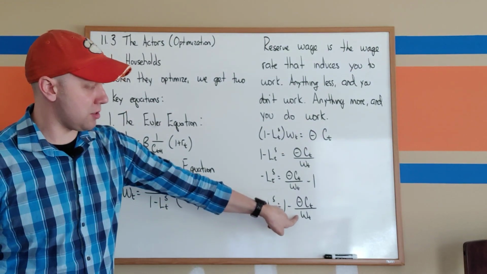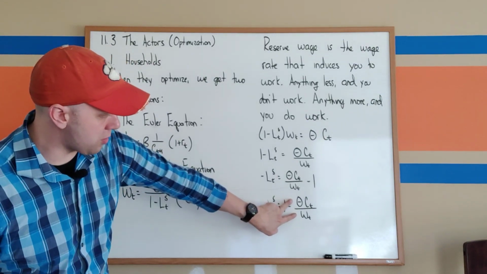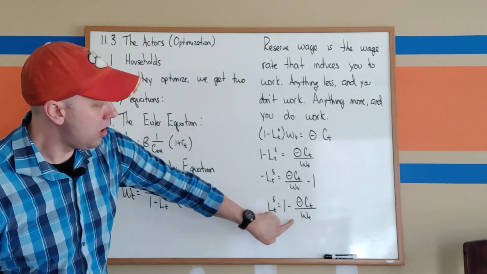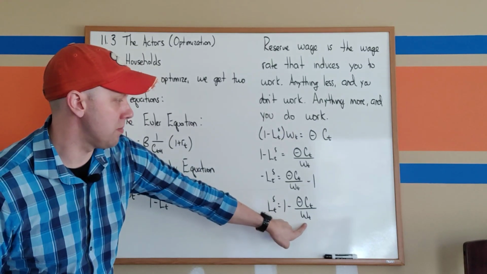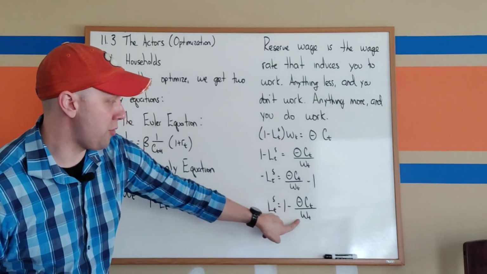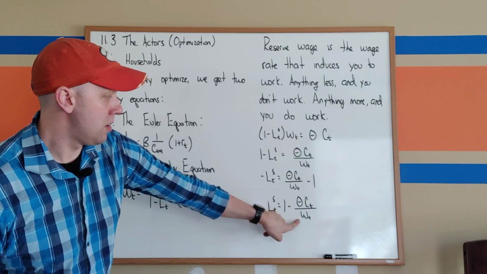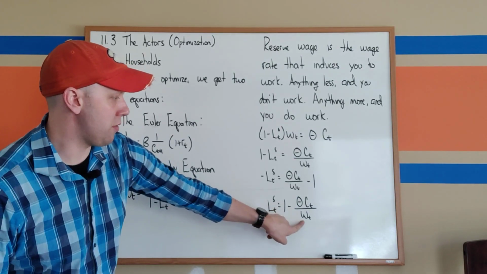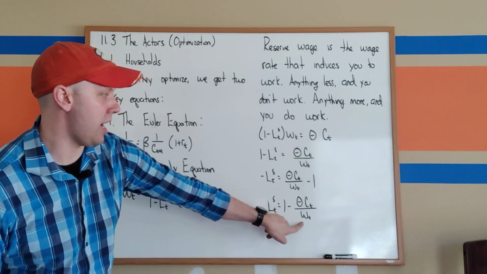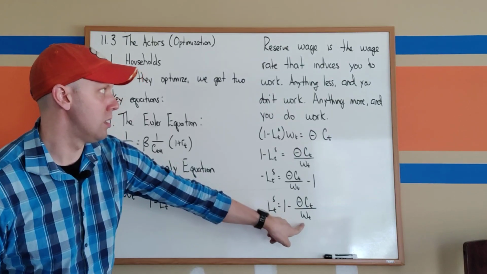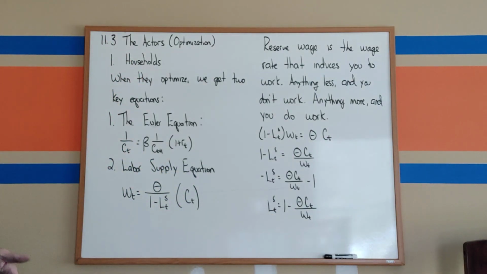So this guy's getting smaller, yes, because as the wage rate goes up, this fraction is going to get smaller. But remember, we've got 1 minus that fraction. So this goes from 1/4 up to 1/2, right? 1 minus 1/4, or 1 minus 1/2. So as the wage rate goes up, you want to supply more hours.